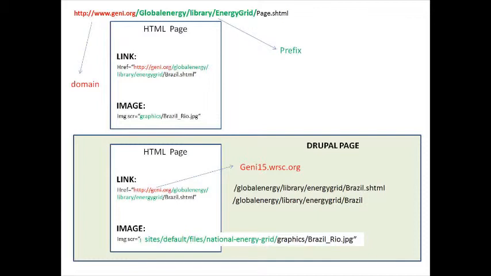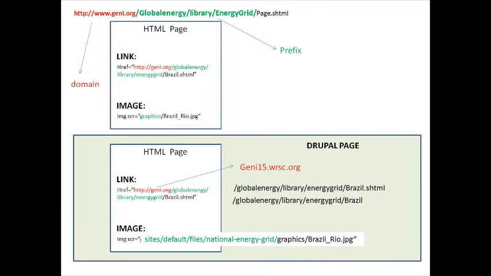In this case we found a section, and the name of the section is National Energy Grid. I decided to create one folder called National Energy Grid. This is a pattern in Drupal. First is files, then the National Energy Grid folder. The only thing we have to do is create the National Energy Grid folder and put all the images from the folder graphics in it.